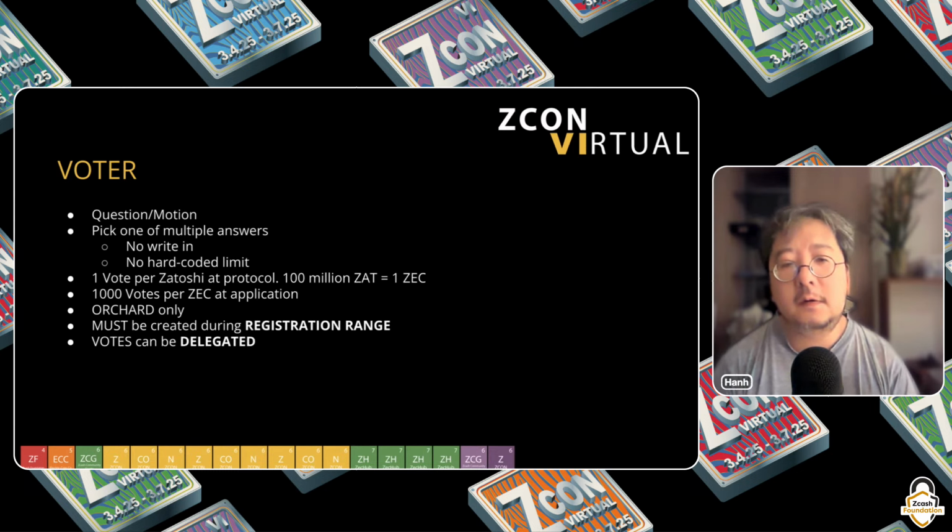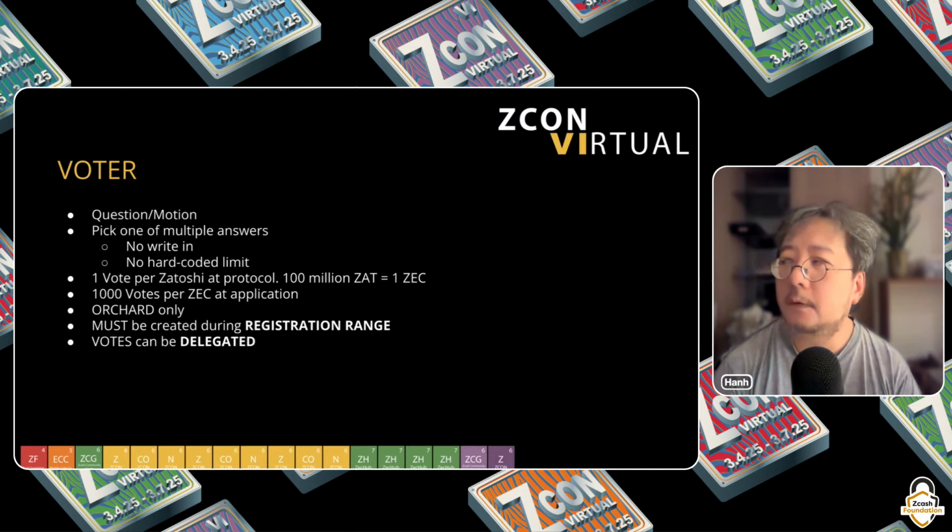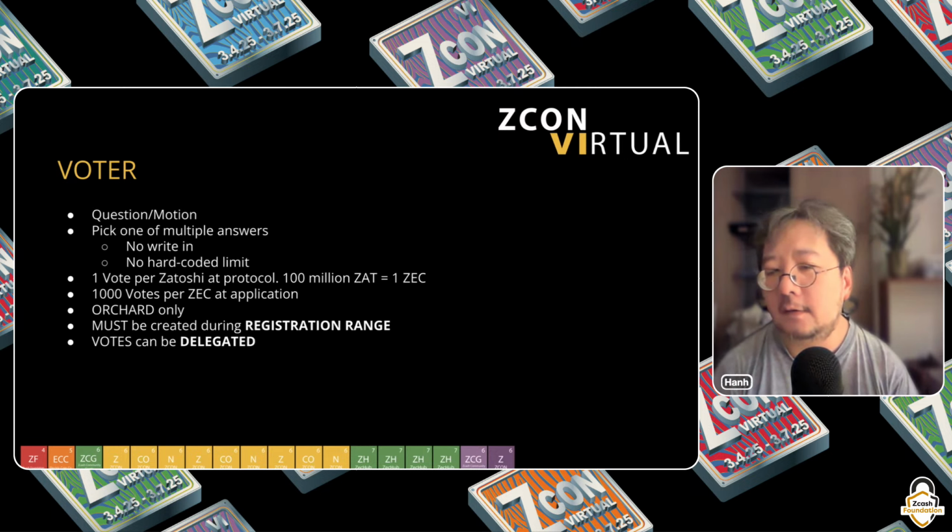The protocol works at the granularity of a Satoshi. So technically speaking, if you have one ZEC, you would have 100 million Satoshis, which means that you would have 100 million votes.